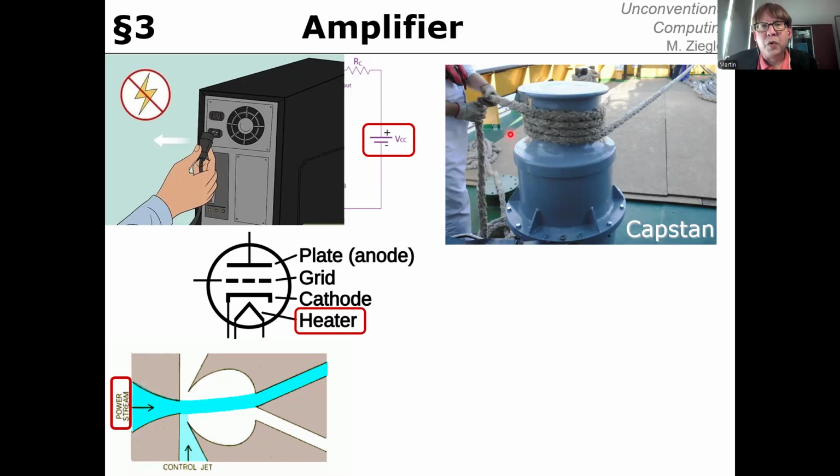Whereas when the operator pulls, then the rope becomes tight and grips onto the capstan and the capstan pulls. So in this way, a capstan really amplifies the power of the operator, not just digitally, not just on and off, but when the operator pulls the rope more tightly, then it grabs, and when the operator makes the rope loose, then it starts slipping and less power is transferred.